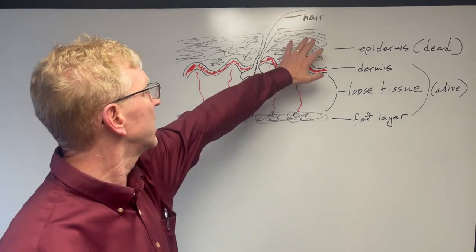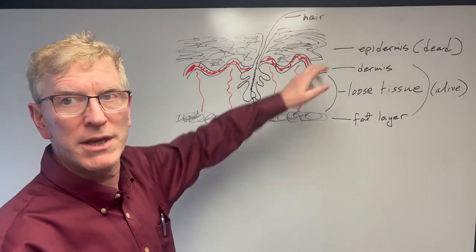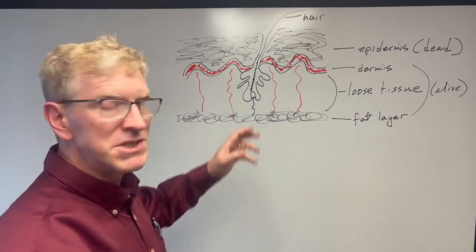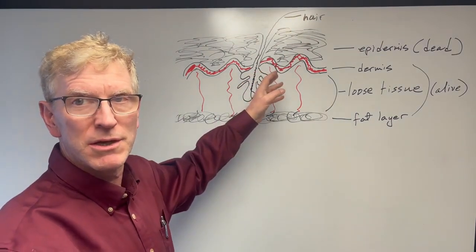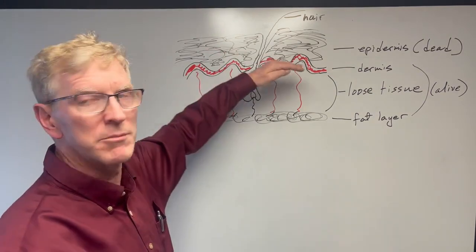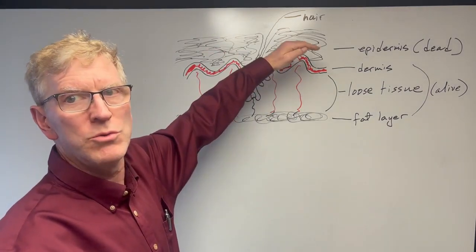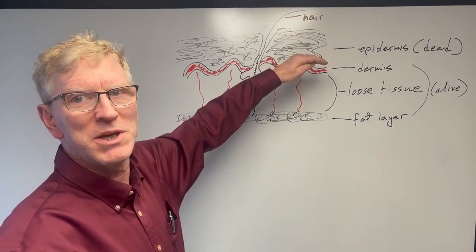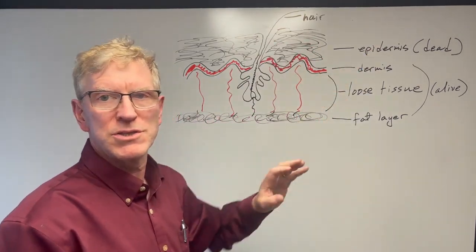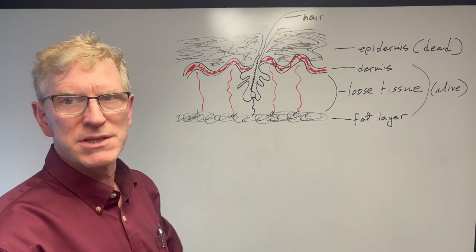So this first layer up here that I have just drawn in as these black lines back and forth, those are dead skin cells. Now, they're sort of alive down here close to the bottom, but they quickly lose their liveliness, so to speak. And so that layer, that epidermis, is all dead skin cells.